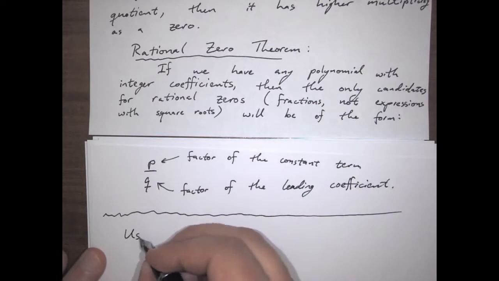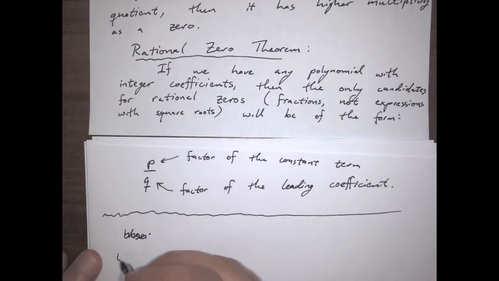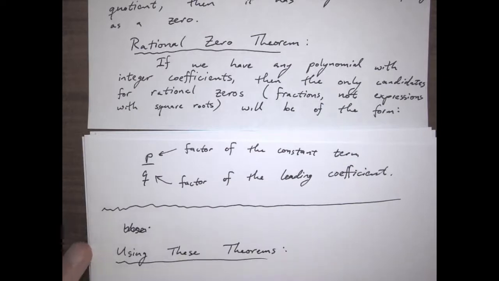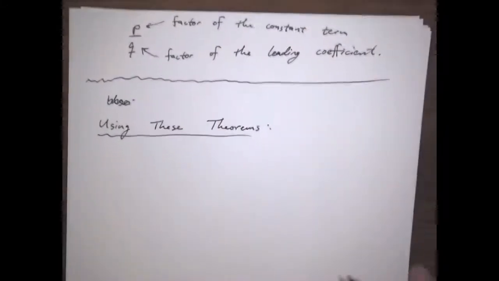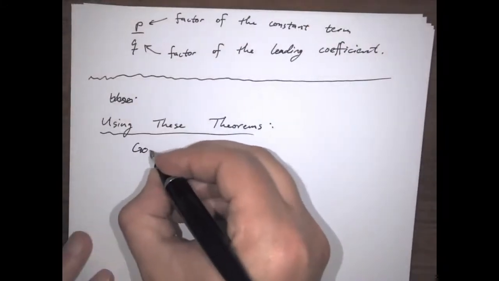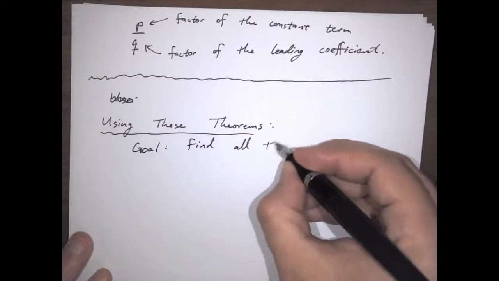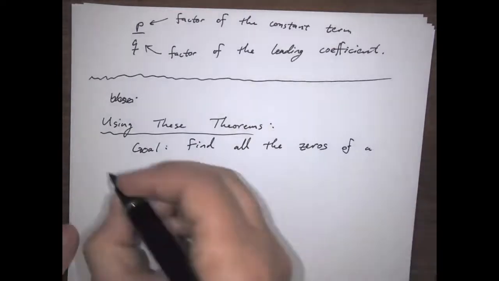So using all these theorems, here's going to be our process. Our goal is going to be to find all the zeros of a polynomial.